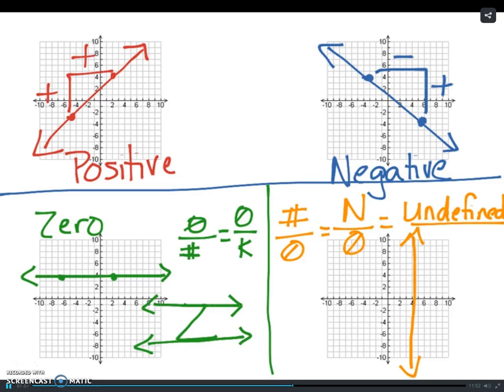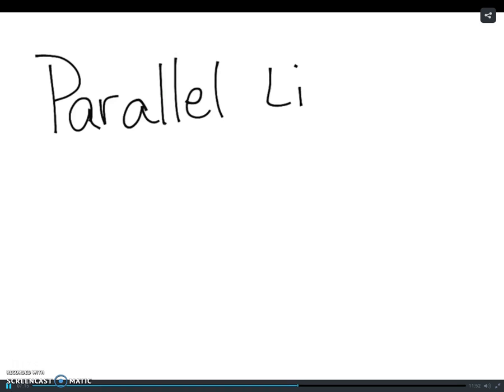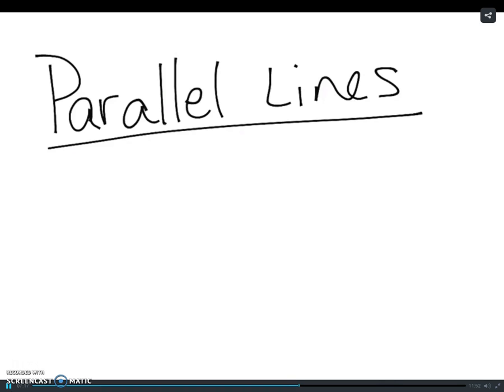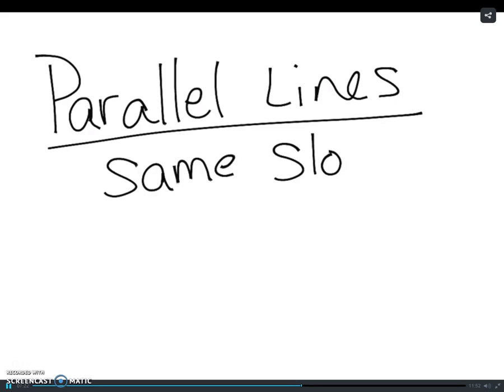The last couple of things we need to talk about deal with special kinds of lines. First of all, we have parallel lines. And parallel lines have to have the same slope. They have to be exactly identical, including the signs and the numbers and everything.